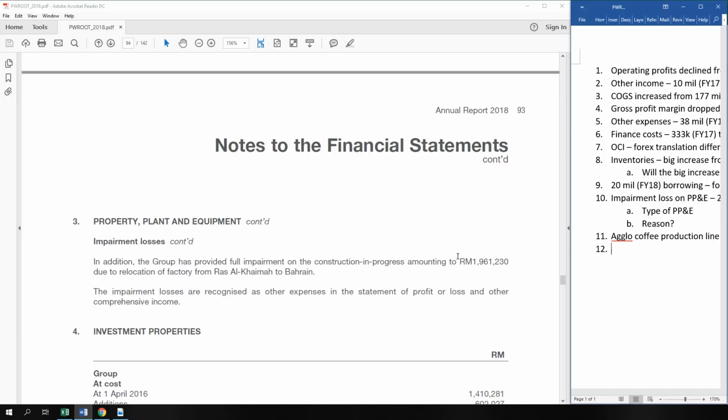Another big one, 1.9 million. This is because of the relocation of factory from Ras Al Khaimah to Bahrain. So this is okay, relocation of factory. Alright, so at least we found the reason.